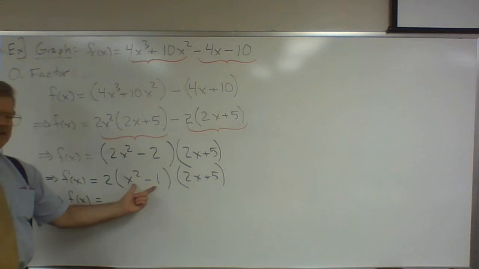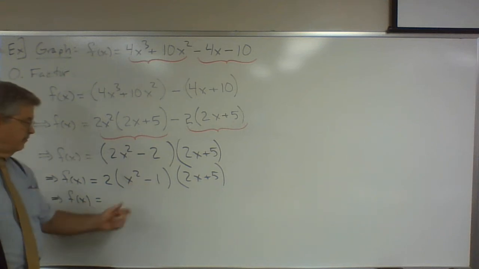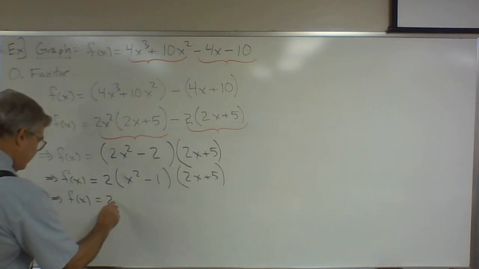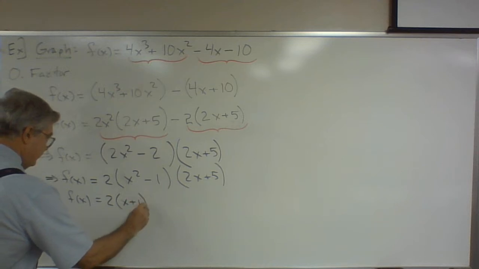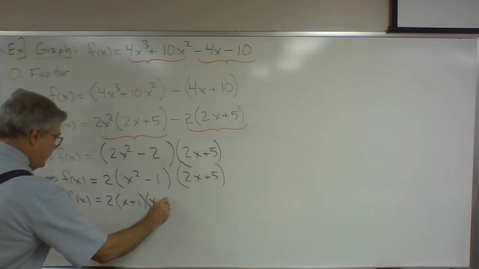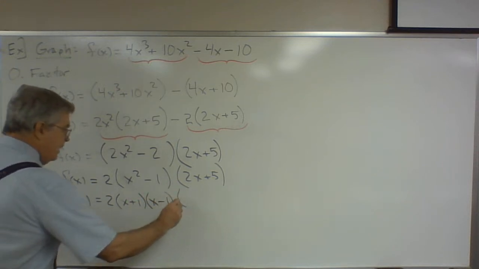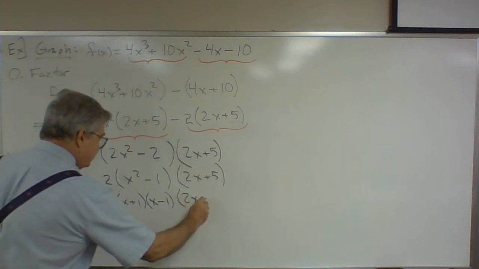Because I'm looking at this now and I say, aha, this is the difference of perfect squares. So I'll get x plus 1, I'll get x minus 1, and then here I have 2x plus 5.